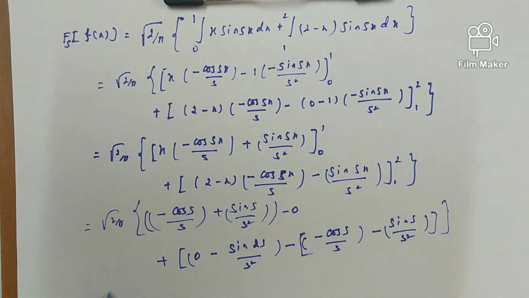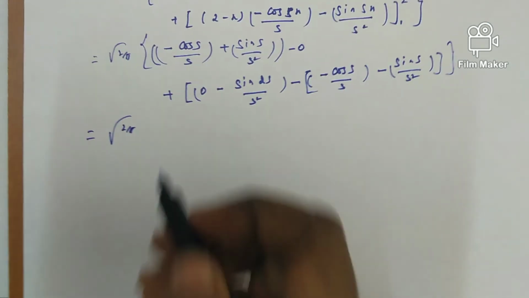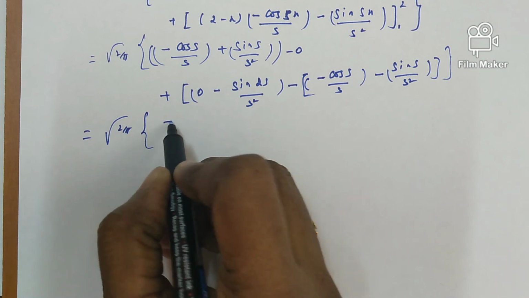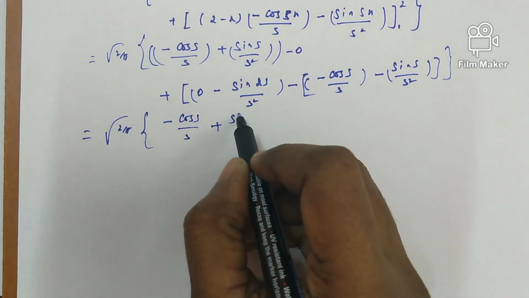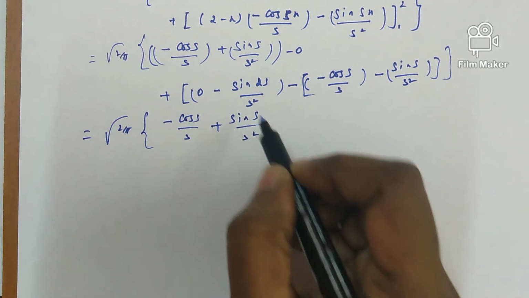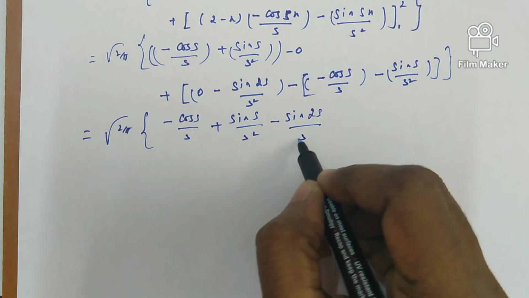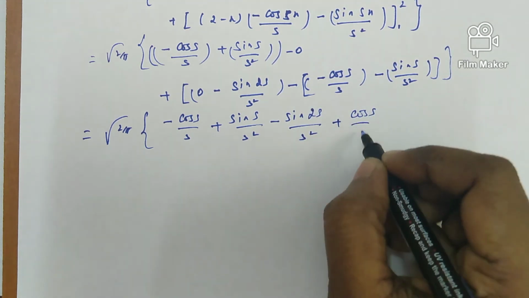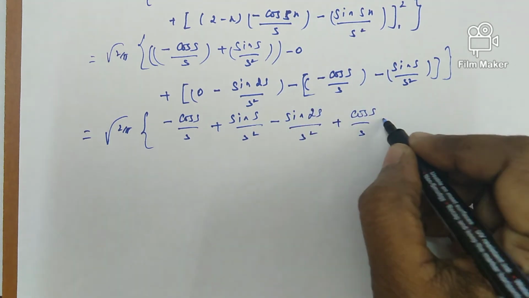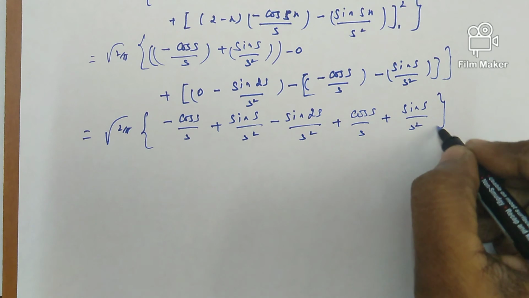Now root of 2 by pi, we will arrange the terms. So minus cos s by s plus sin s by s square, and here it is minus sin 2s by s square, minus into minus plus cos s by s, here also minus into minus plus sin s by s square. This is how the terms are arranged.